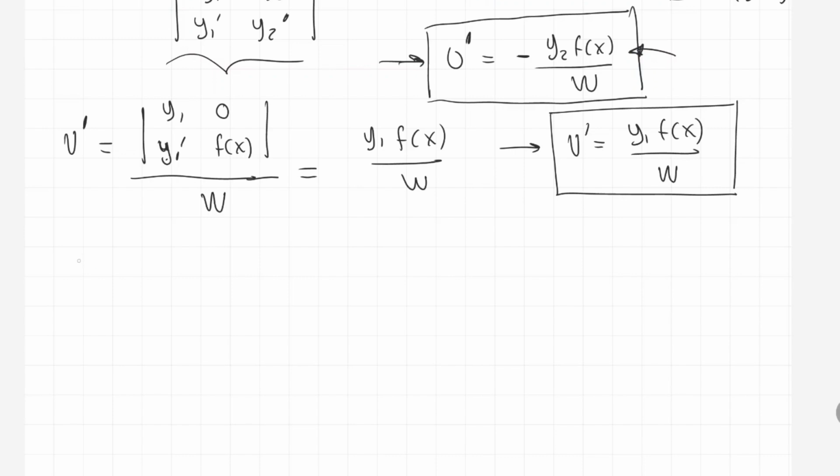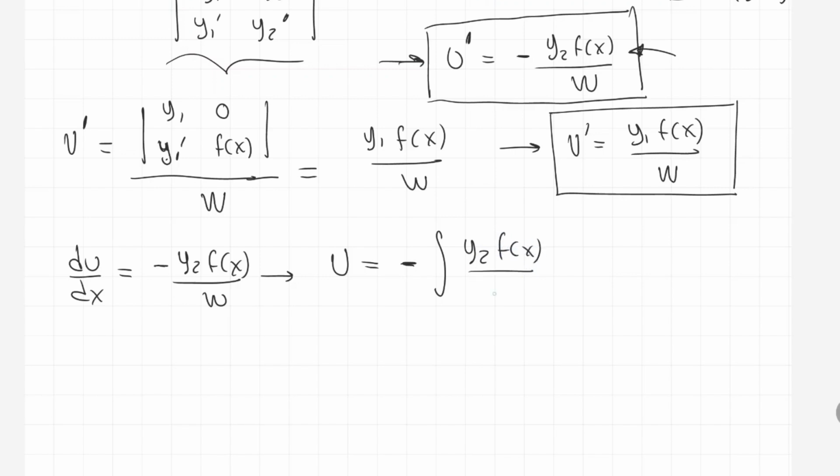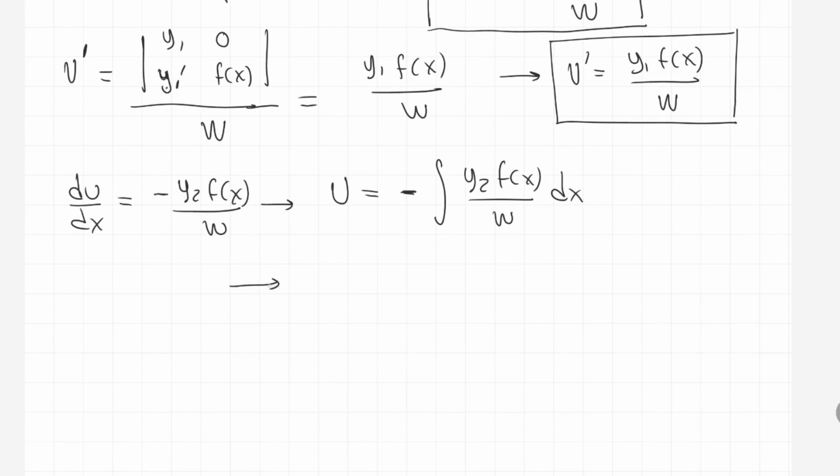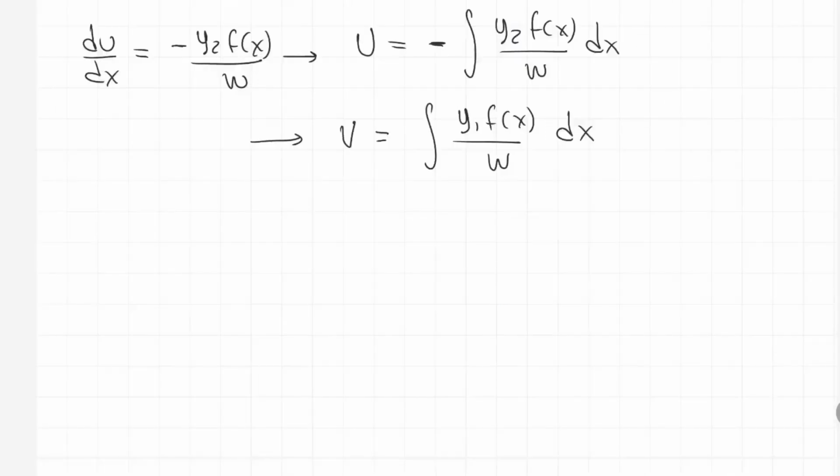So we know that u prime is equal to the derivative of u with respect to x, which is negative y2 f of x over W, and that means that u can be defined as negative the integral of y2 f of x over W dx. By a similar reason, we can define v as the integral of y1 f of x over W times dx.